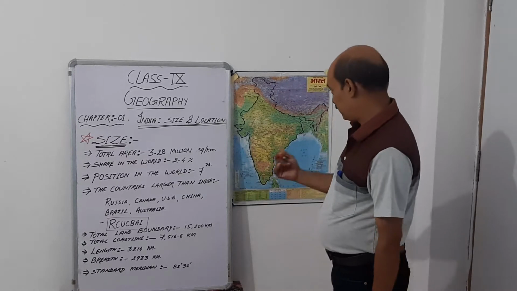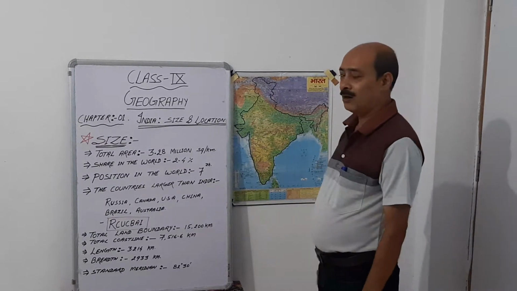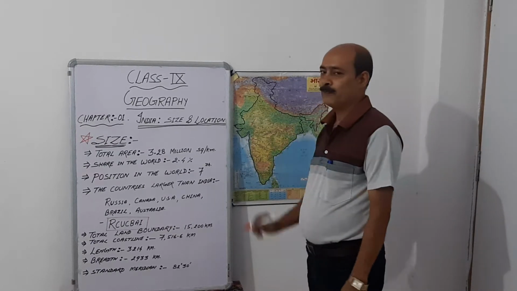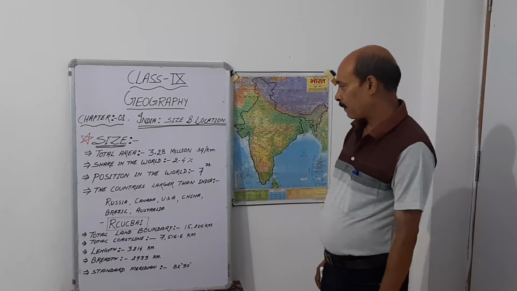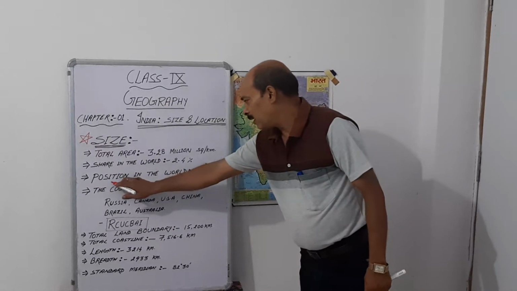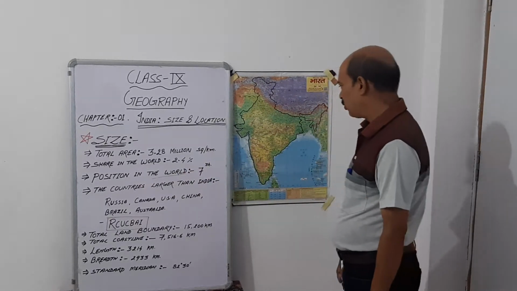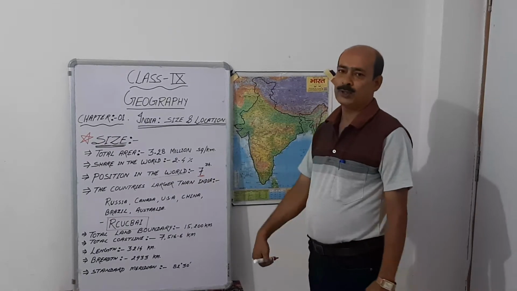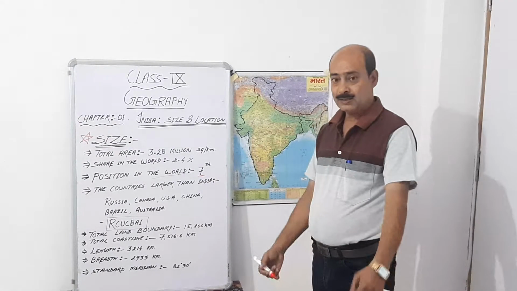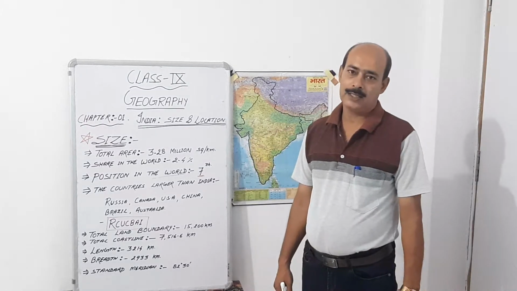Now next, what is the position of our country, India, in the world according to area? According to area, our country's position is 7th. That means 6 countries are larger than India.